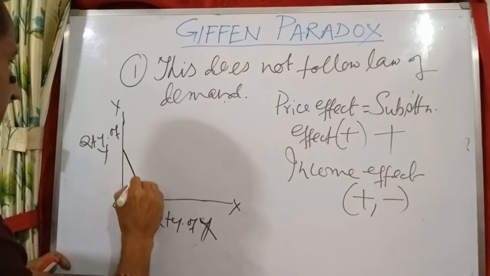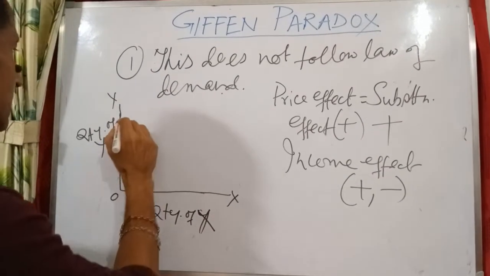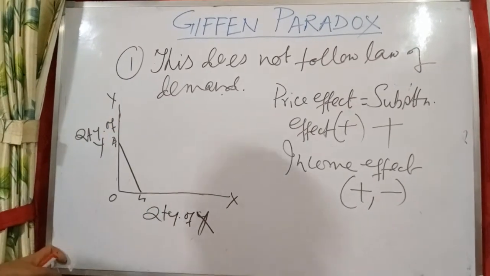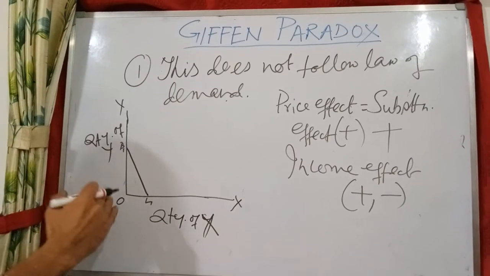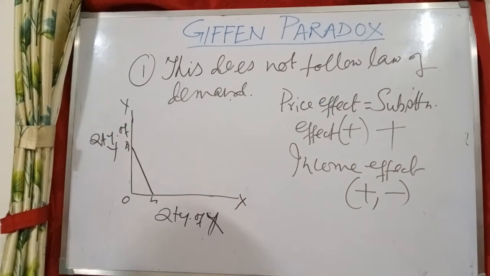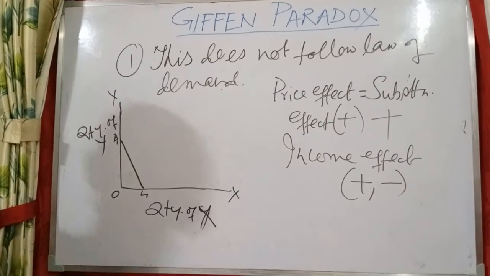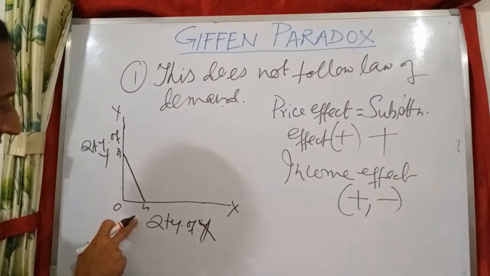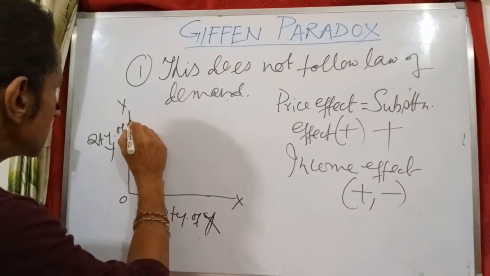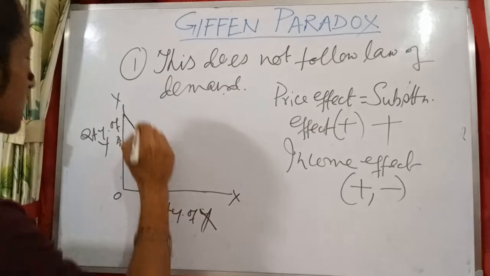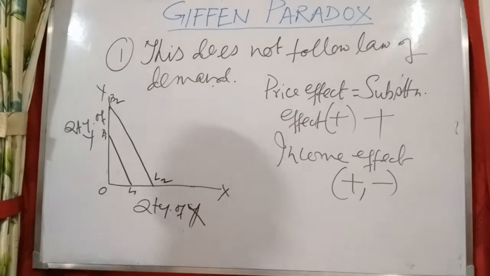This is the initial budget line, say B1 L1. As the income of the consumer increases, the budget line will shift parallelly rightward because relative prices of the commodities have not changed. So B1 L1 will shift parallelly rightward. Let it be the new budget line, B2 L2.